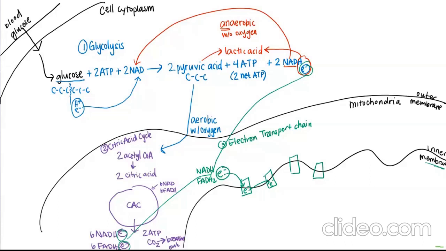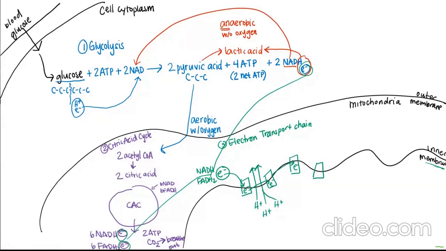So as these electrons go down the chain, it takes these protons, which are on the inside of the mitochondria, and uses the energy to pump them out against their concentration gradient.